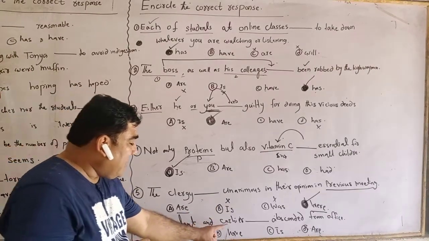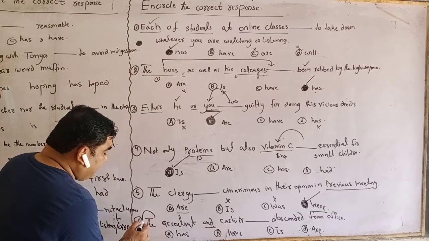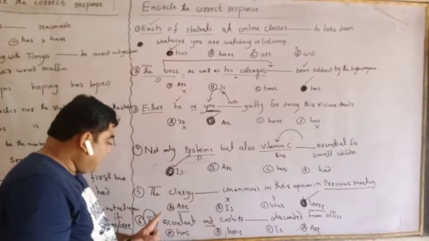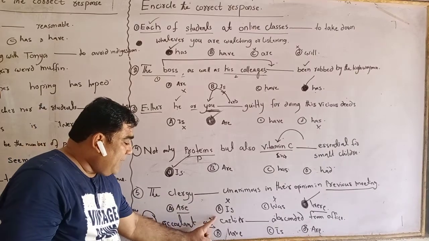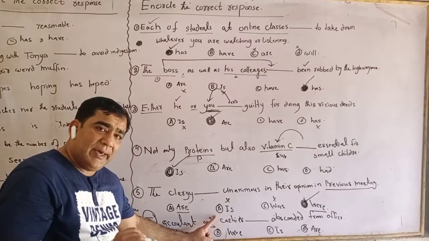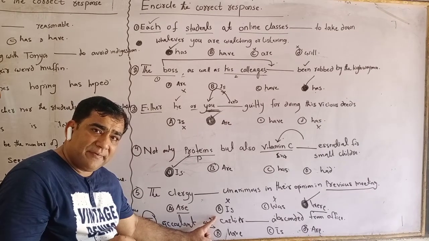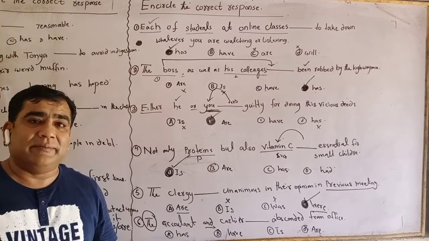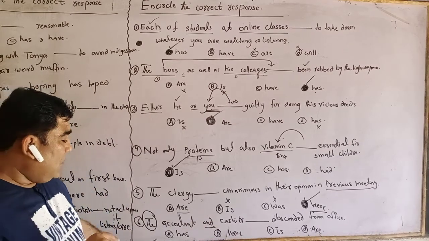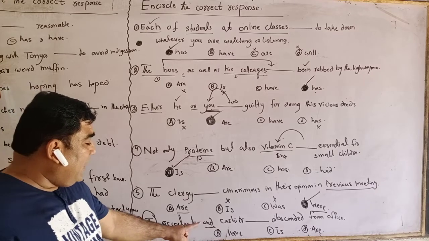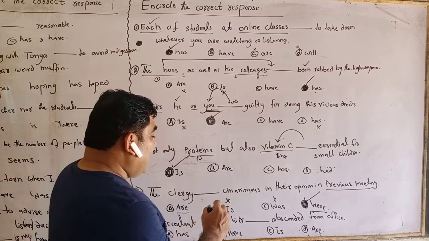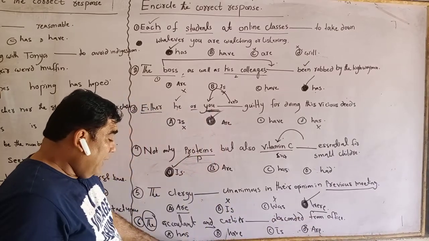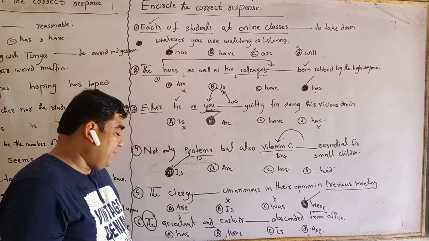See, accountant and cashier: whenever we have a single article and no possessive pronoun, absent anything here like an article or any possessive, then both would be considered as a single man. So, accountant and cashier, singular, absconded from office. Has, have, is, are.